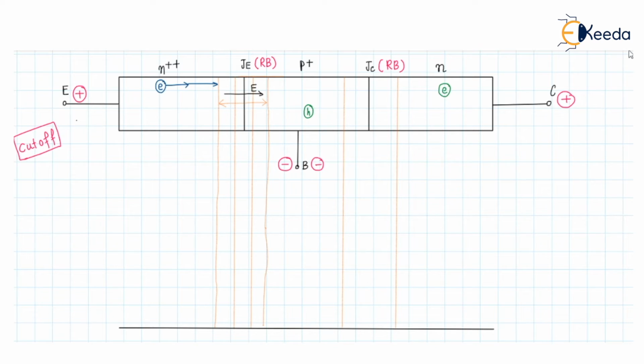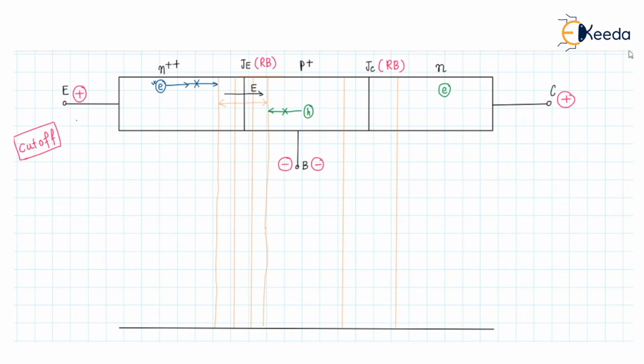So this electron of the emitter region cannot cross this JE junction. Similarly, the holes, which are the majority carriers of the base, cannot cross this JE junction. So this motion is not possible for the hole, and this motion is also not possible for the electrons inside the emitter.